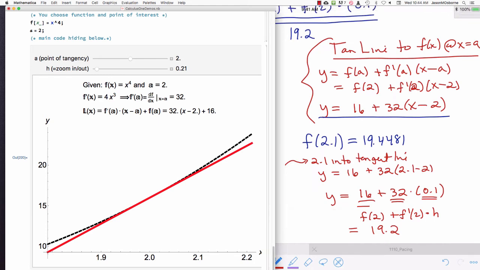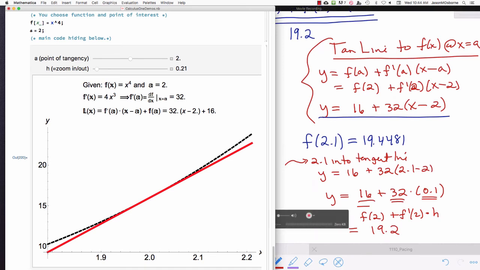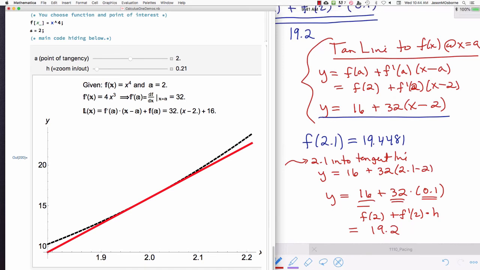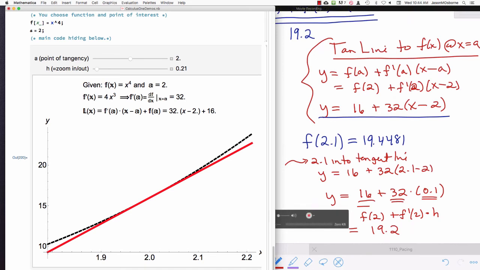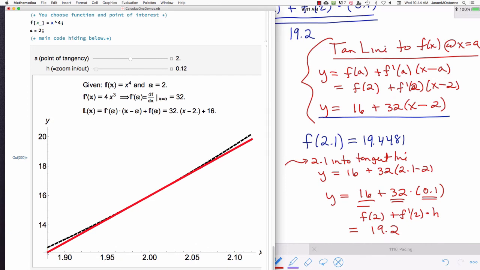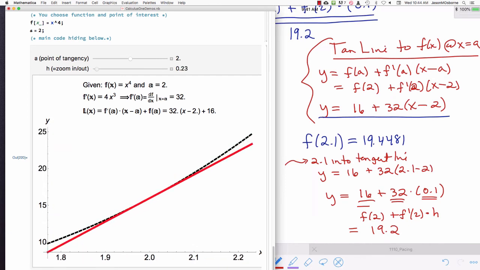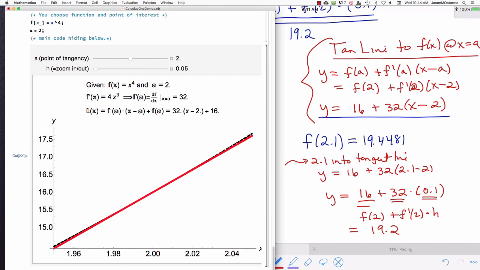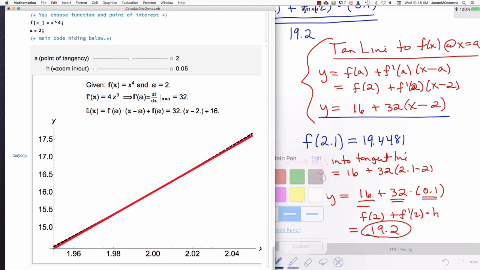If you put 2.1 into the function itself and read it up to the black dotted line, you will get 19.4481. But since the tangent line and the function are so close to each other, that's because the function is differentiable. Since the function is differentiable, when you use the tangent line approximation, you're going to get a really close answer to the exact value.